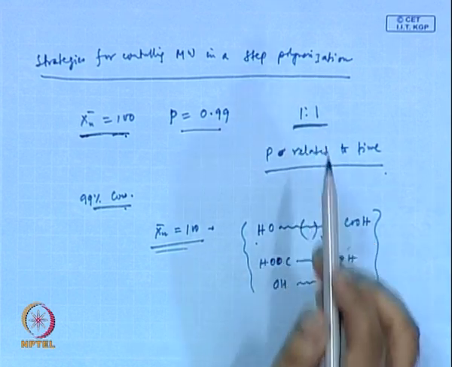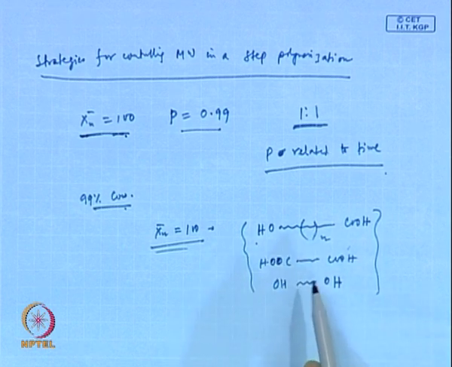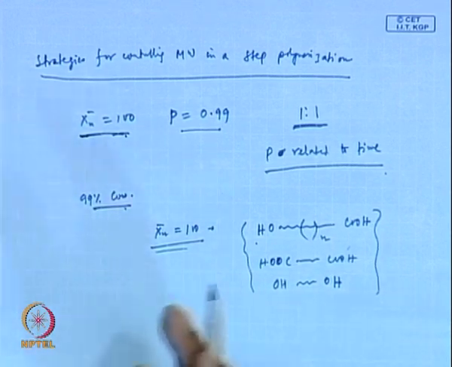starting from a 1:1 stoichiometric ratio, you get this, but this will pose a lot of difficulties in the next step when you do a processing step like compounding or molding, because this has the presence of active functional groups.